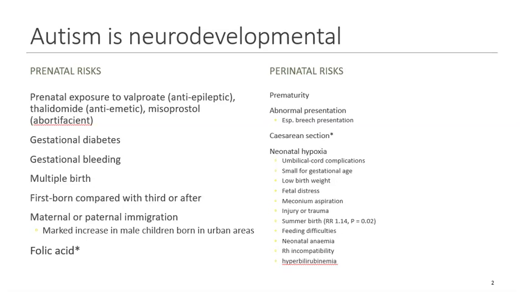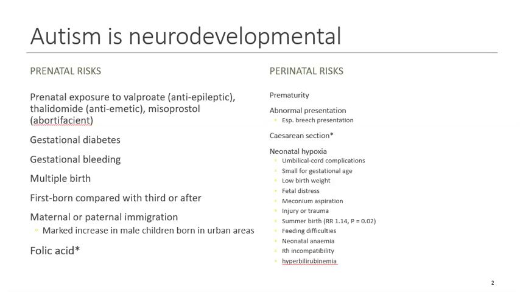We also see a lot of prenatal risks associated with gestational diabetes and bleeding. If there are multiple births as well, like twins, triplets, that kind of thing, then it's more likely that at least one of those babies will develop autism.